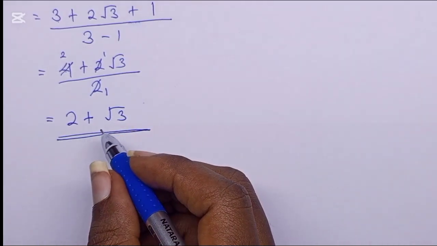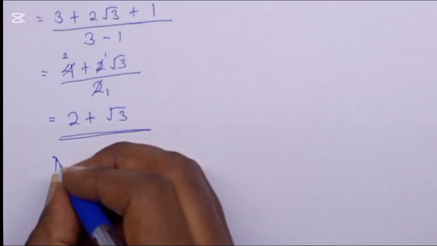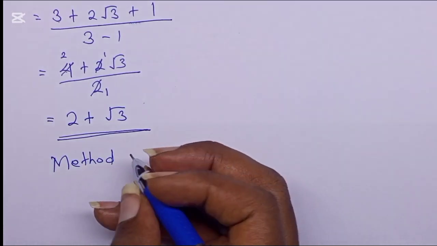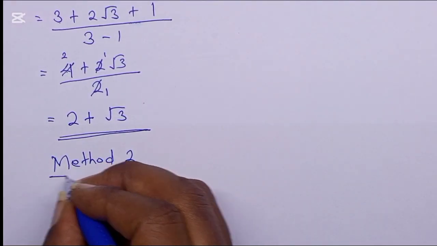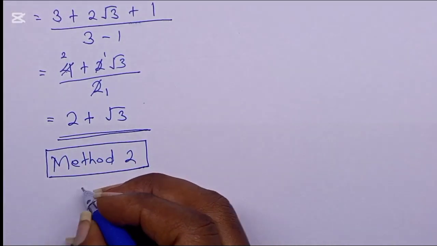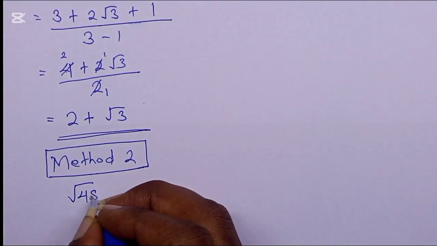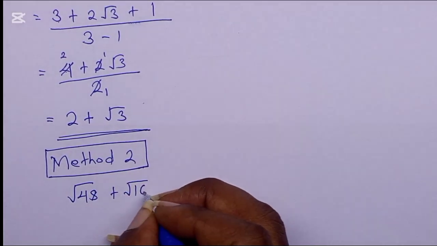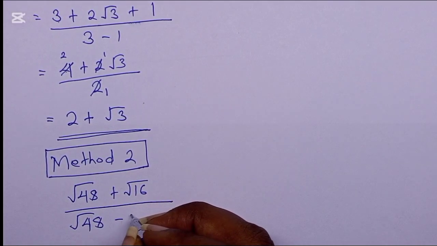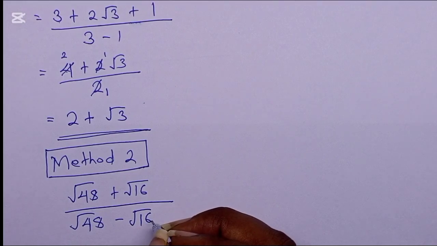That's using one of the methods. You can use the second method, method 2. So our question was root of 48 plus root of 16 divided by root of 48 minus root of 16.